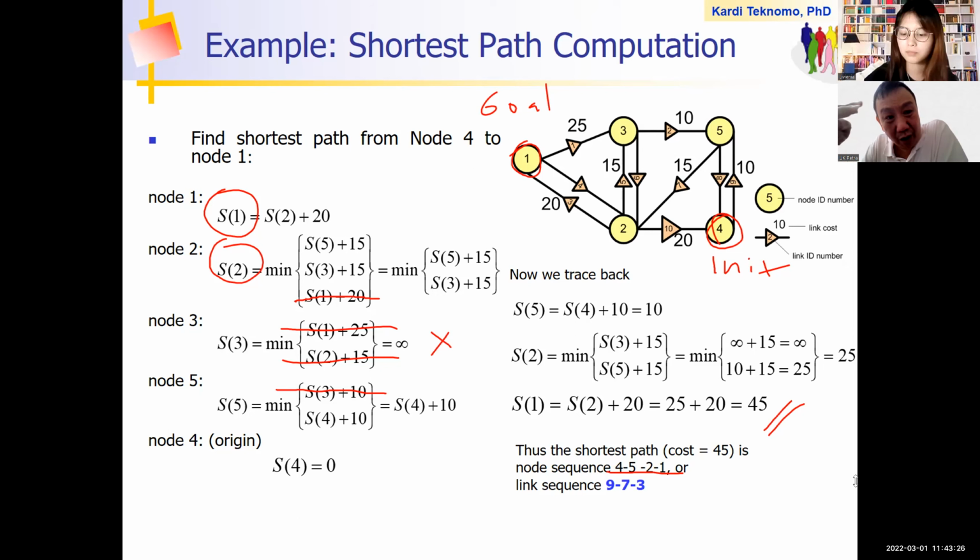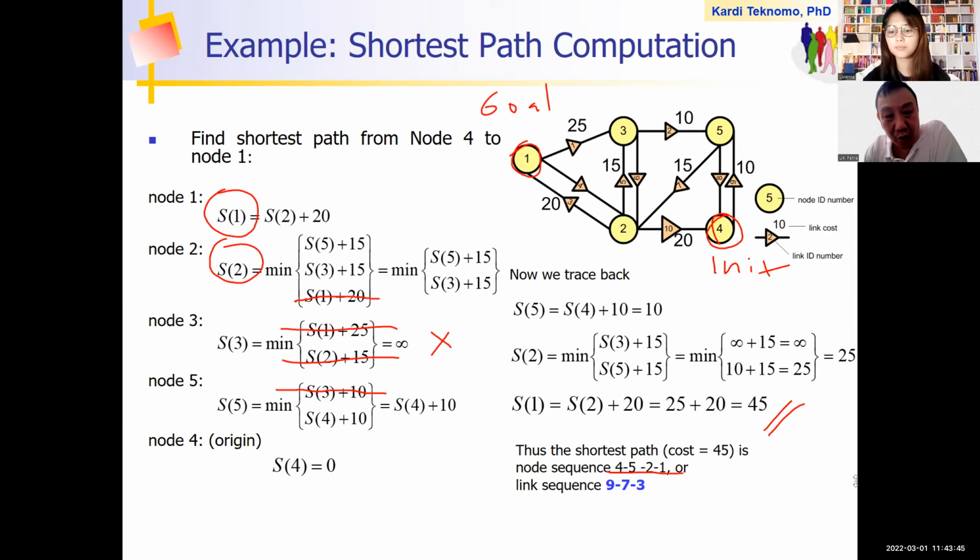So for node 1, the only way is through node 2, right? So then we have S1 equals S2 plus 20. 20 is the cost from node 2 to node 1.